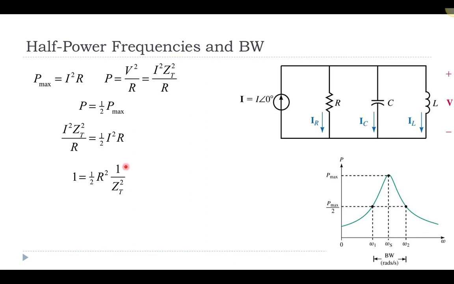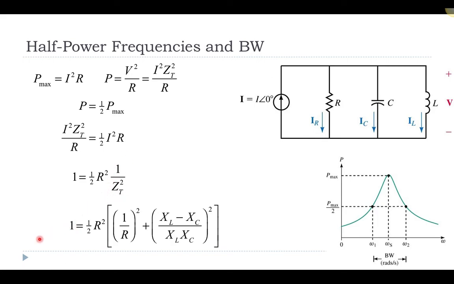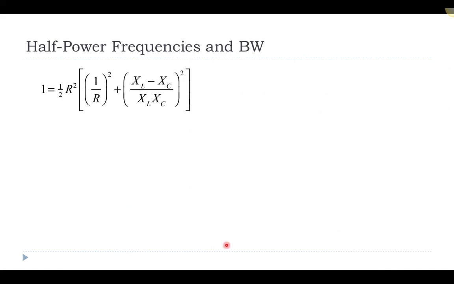The reason for doing that is because I have an expression for 1 over the total equivalent impedance squared, which we looked at in the previous slide. So we have 1 is equal to 1/2 the resistance squared times 1 over the total equivalent impedance squared at any given frequency. And of course, I now have resistance squared and a 1 over resistance squared, so I can factor some things through.